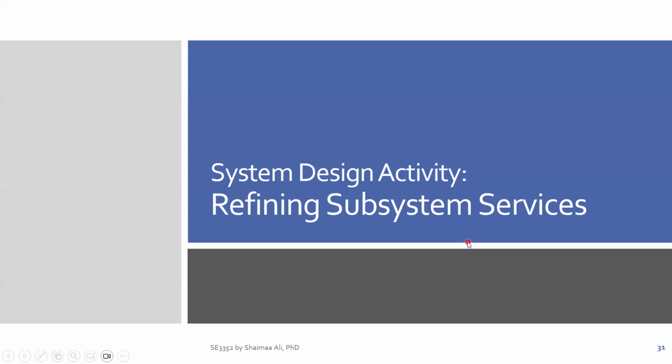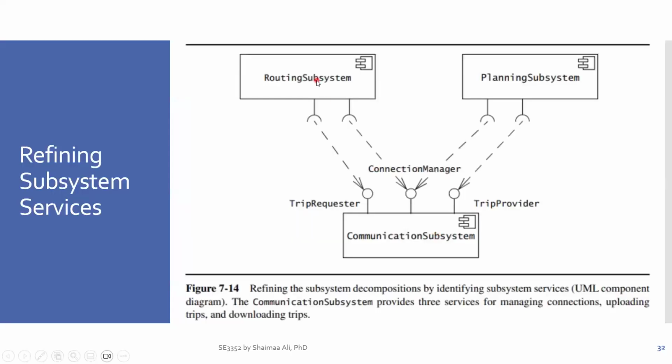And finally, before you move on to the next stage, you need to refine the subsystem services. Now, remember that we had the connection between the components supposed to be in the form of provider and requester. So far in the examples that we've used, we used this dashed arrow to indicate general dependency.